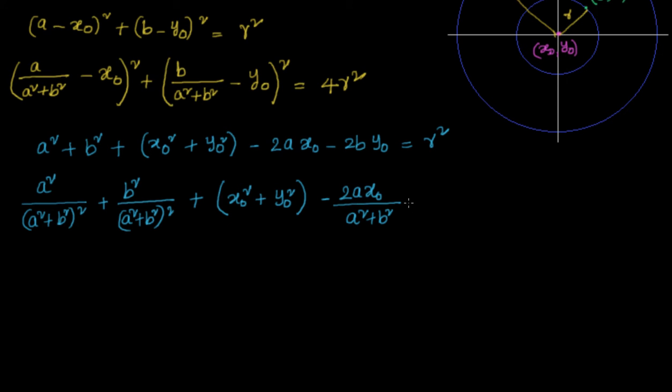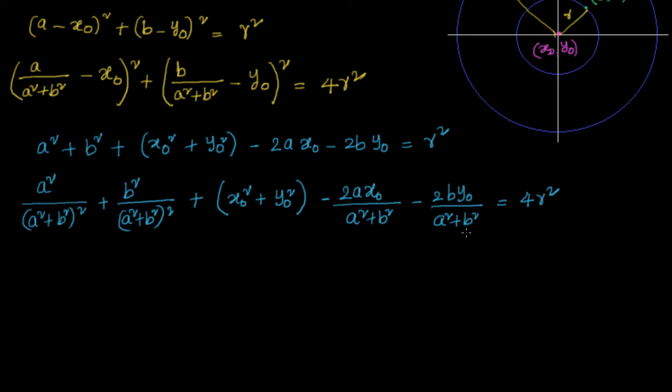We are not doing anything great, we are just expanding the formula using (a minus b) whole square. Minus 2b y naught divided by (a square plus b square) is equal to 4r square.